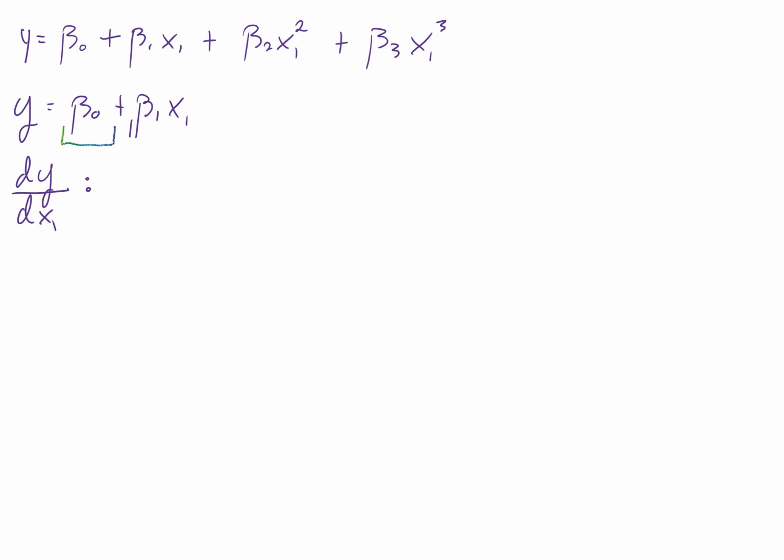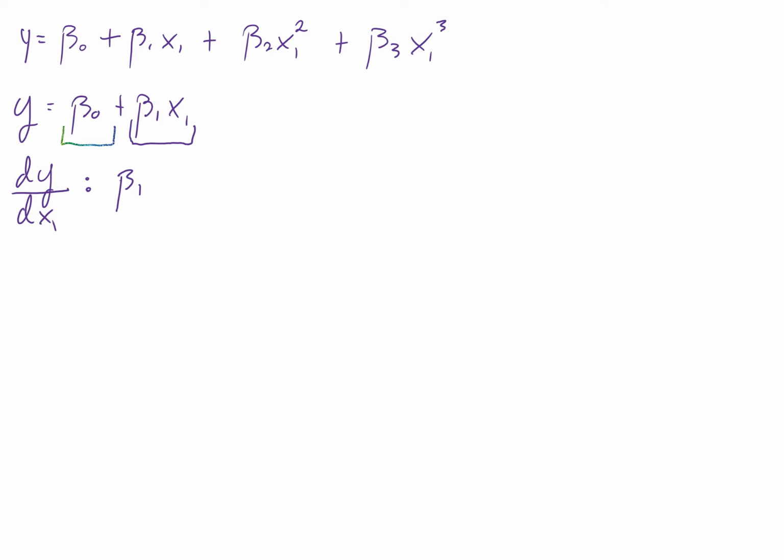Now, the derivative of beta 1 x1 in terms of x: we take away this x, or make it x to the 0, and we're left with the constant attached to it, beta 1. That's how we are able to say that the effect of x on y is beta 1.